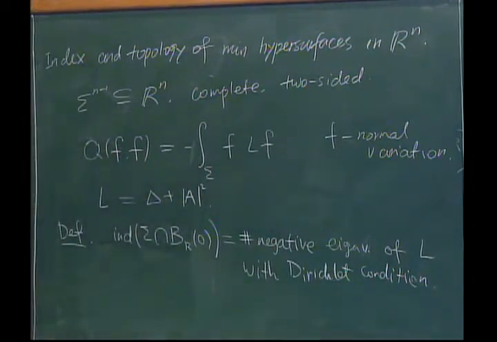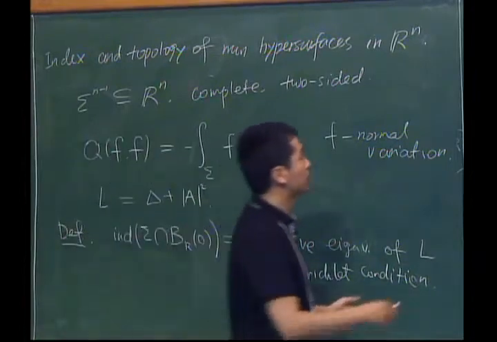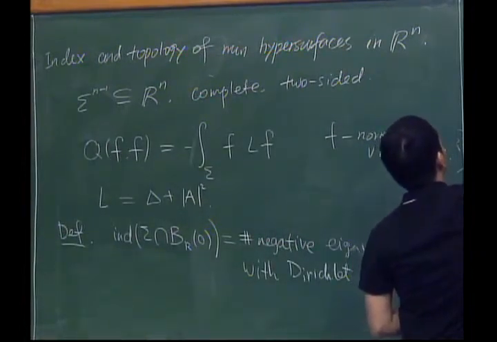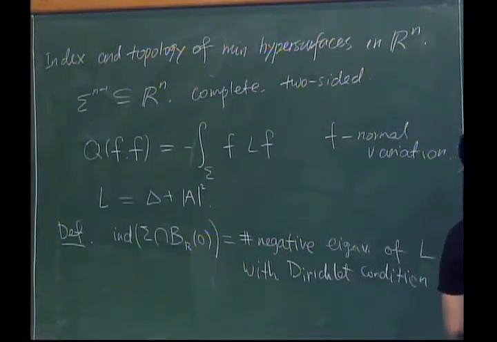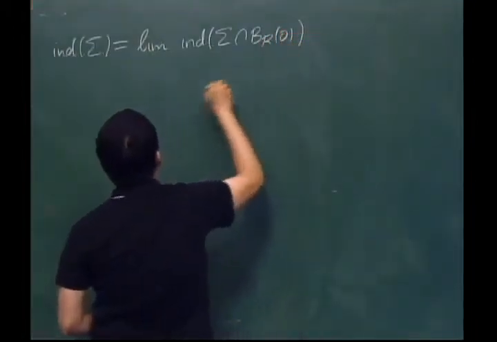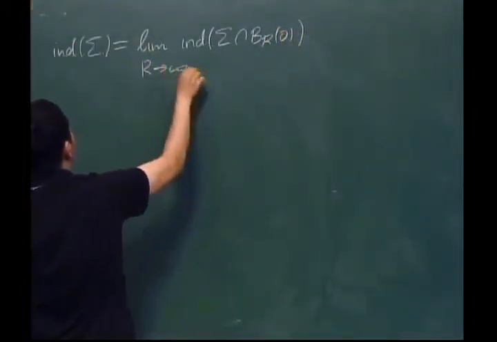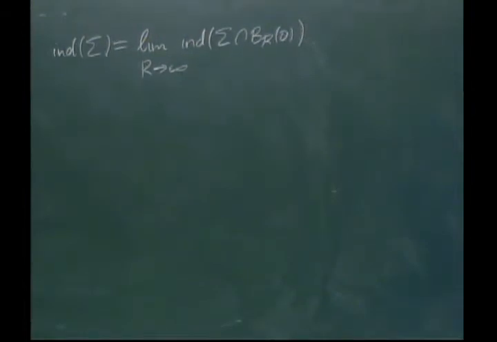And for a complete surface, we define the index to be the limit of a compact exhaustion. By basic spectral theory, such a limit always exists, and it might be infinity.